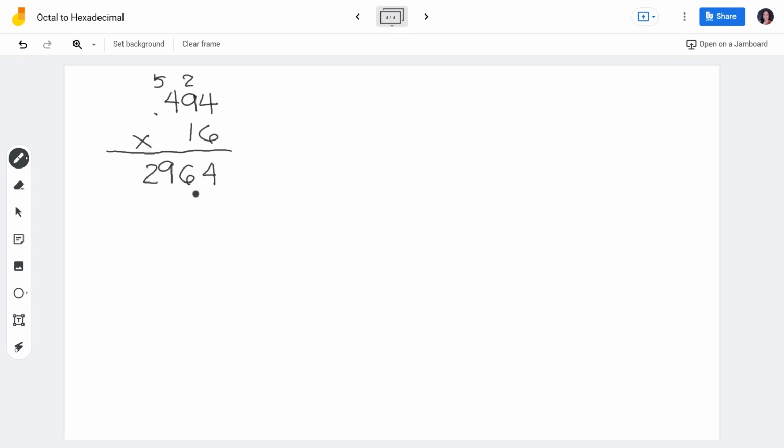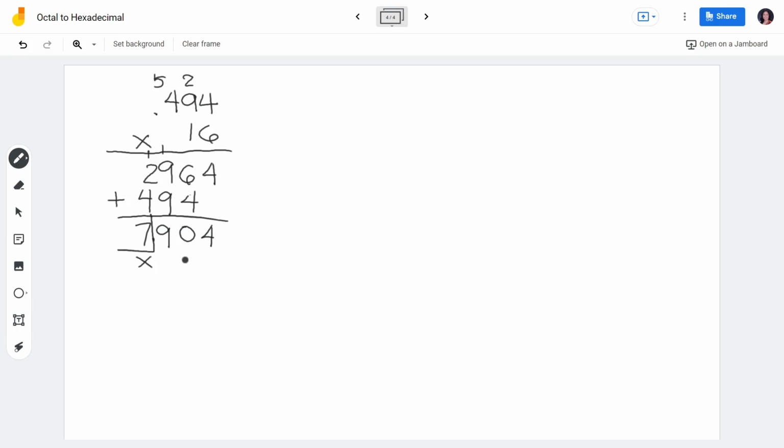And then 1 times 4 is 4, 1 times 9 is 9, 1 times 4 again is 4. So let's add. 4, 6 plus 4, 10. 9 plus 9, 18 plus 1, 19. Carry 1. 1 plus 2 is 3 plus 4 is 7. So separate 7.